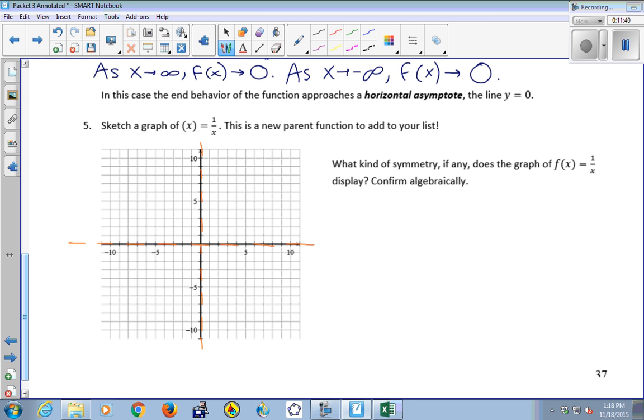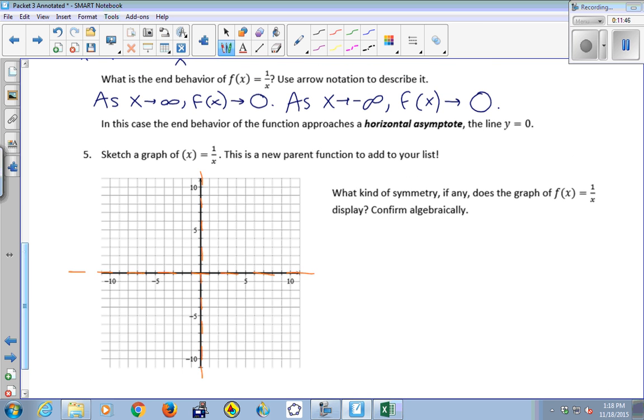I know that my end behavior to both ends is 0, right? And it might be helpful. We did recognize that in this first case, it was approaching 0 through positive values. And in this case, we were approaching 0, but through negative values.